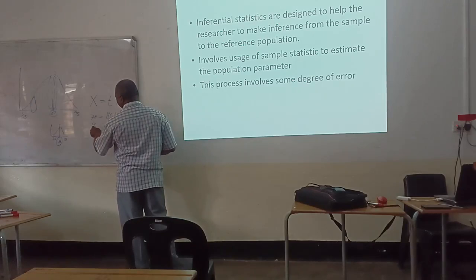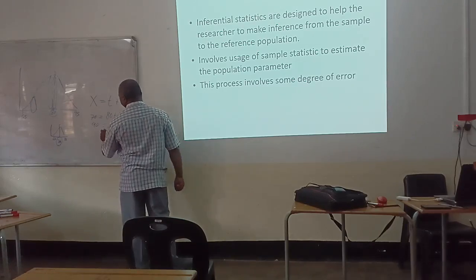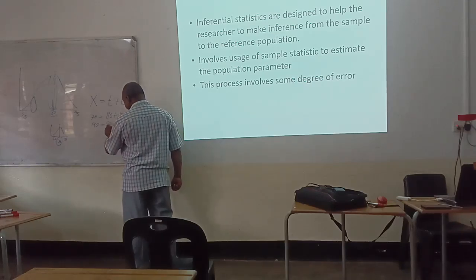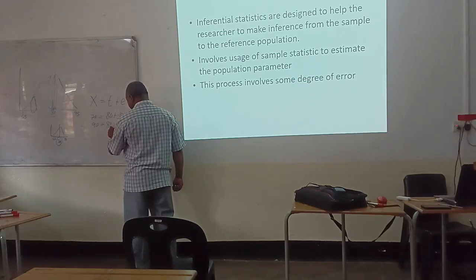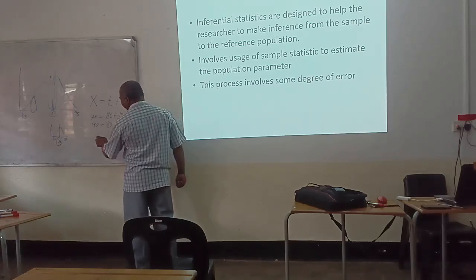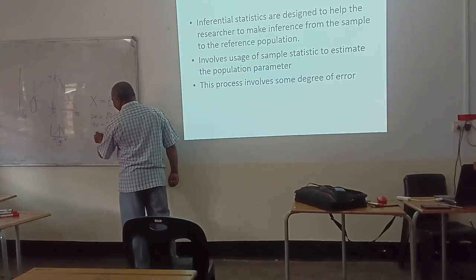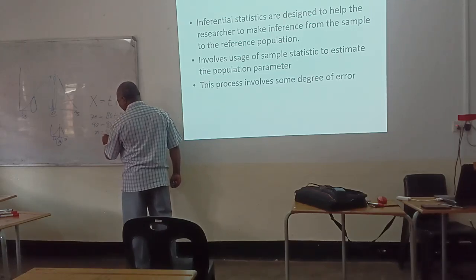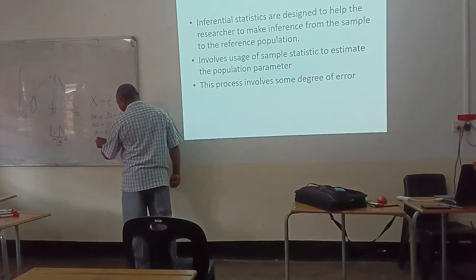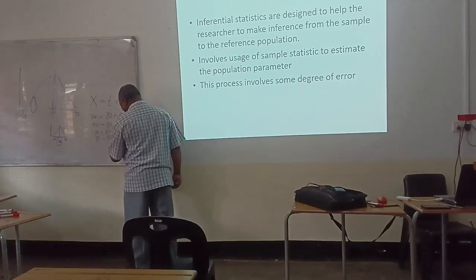But sometimes you get a sample where the mean is 90, and 90 is equal to the actual population mean plus an error of 10. Maybe some will get 79 equals 80 minus 1. Some, as I said, you might find 80 equals 80 plus 0.